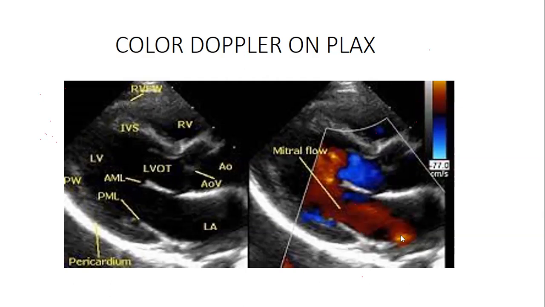So anything that is going towards the probe will appear red, because physiologically, blood is moving from here, coming this side. So it will appear red as it comes here.